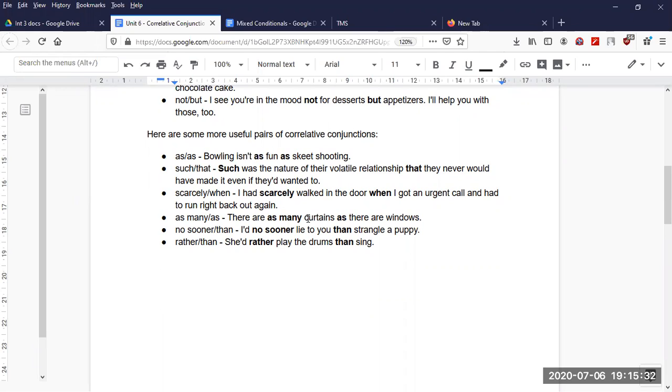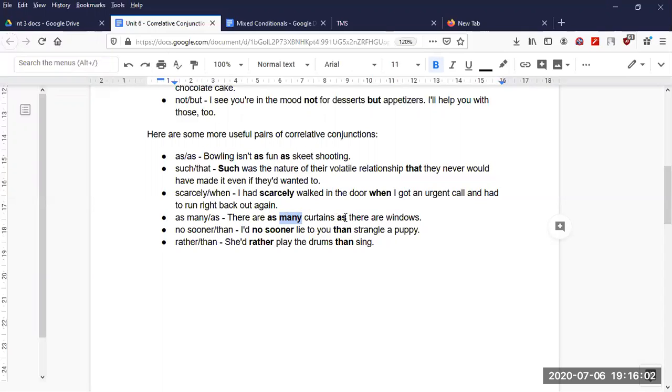So it works similarly to as something as, but we're always talking about quantities because we're using many. If we have a non-countable noun, then we could use as much. But most of the time we'll be using it for countable nouns.